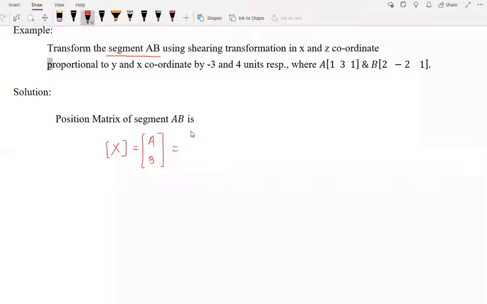The coordinates of the point A are 1, 3, 1, and the coordinates of the point B are 2, -2, 1. So this is our position matrix of the segment AB, generally denoted by X. So the position matrix X is [1, 3, 1; 2, -2, 1].